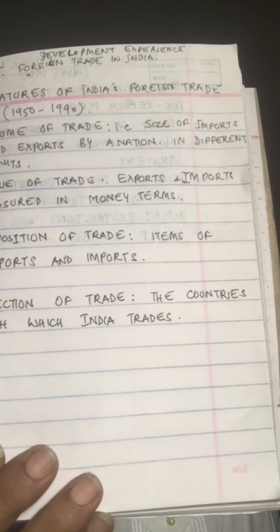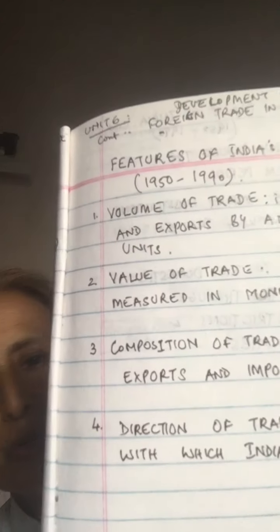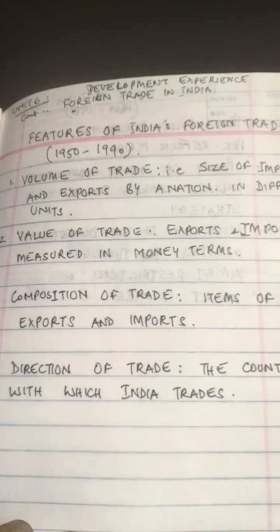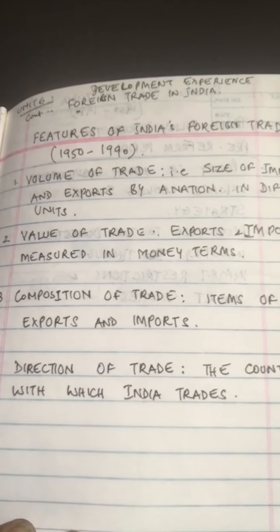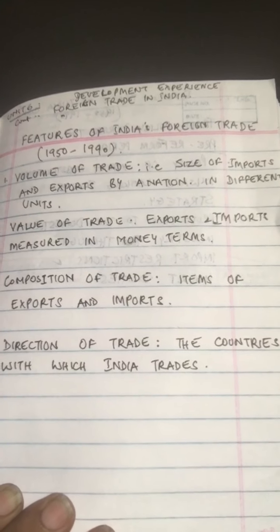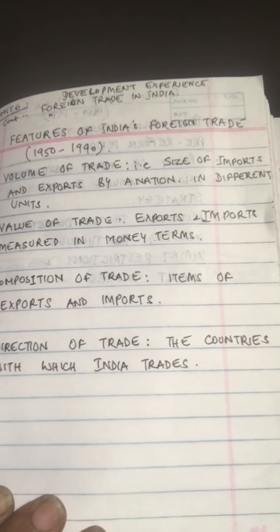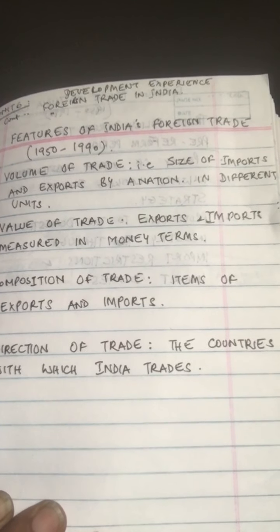You've got to see how much it has declined. That's a little work for you. This was a healthy development, a shift in the composition of trade from agriculture to manufactured goods.